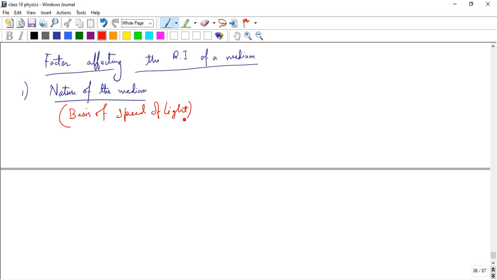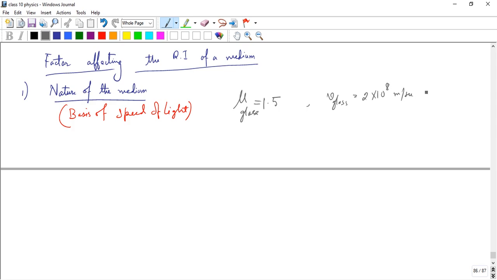This is very important. If you have more velocity, that means less refractive index, or less velocity means more refractive index. Suppose we take an example. If the mu of glass is 1.5, the velocity of light in glass is 2 into 10 to the power 8 meter per second.